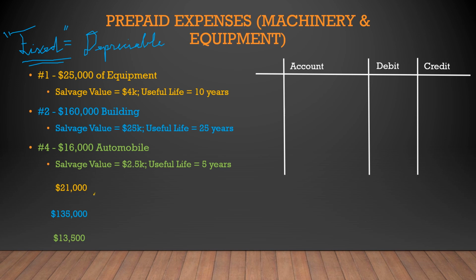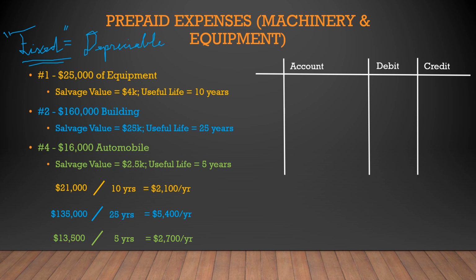Next, we divide these amounts by their respective useful lives. The resulting quotient is each asset's annual depreciation. The equipment will have an annual depreciation of $2,100. The building will have an annual depreciation of $5,400, and the automobile will have an annual depreciation of $2,700.